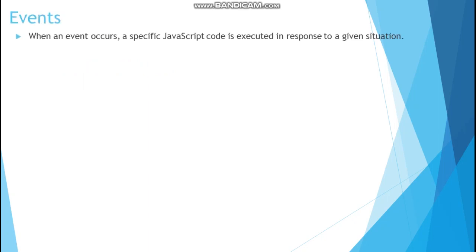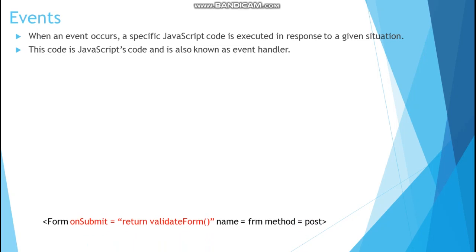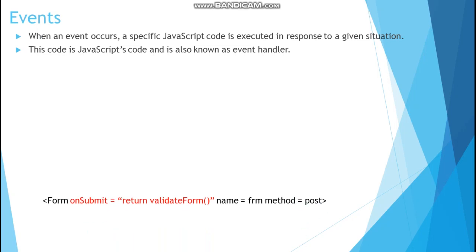When an event occurs, a specific JavaScript code is executed in response to a given situation. This code is JavaScript code and is also known as an event handler. So here you can see form onsubmit="return validateForm()" name="frm" method="post".